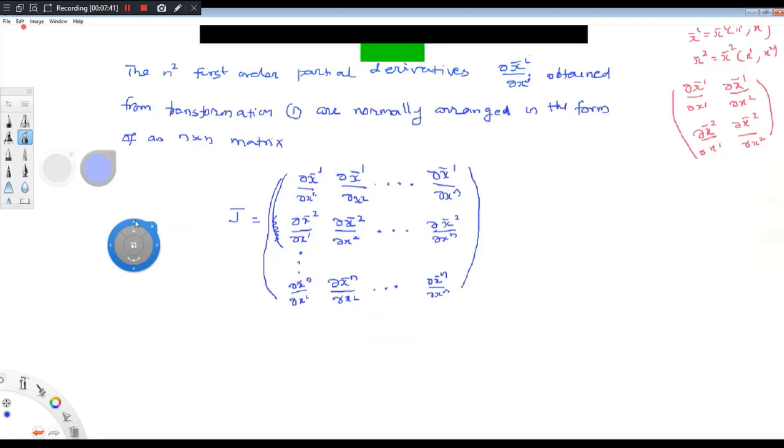This determinant is usually called the Jacobian; if you are writing it as a matrix, you say Jacobian matrix. If you merely say Jacobian, that means the determinant.